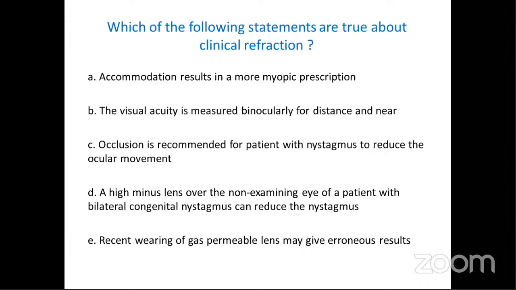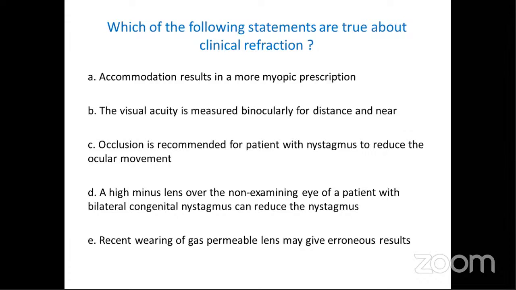Why do you have to relax that accommodation? Because if you completely block that eye, the rate of the nystagmus increases, because the patient always tries to find the null position, where he is able to adjust his head. So you have to maintain the abnormal head posture.